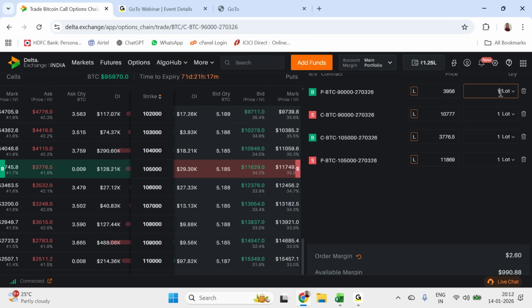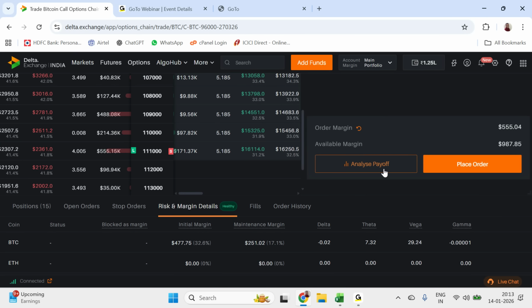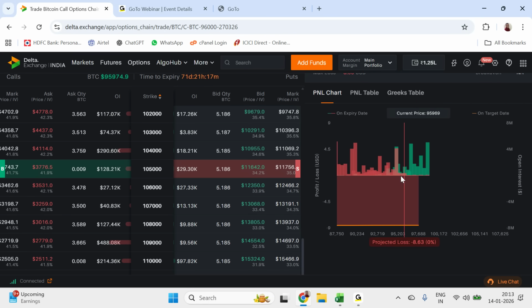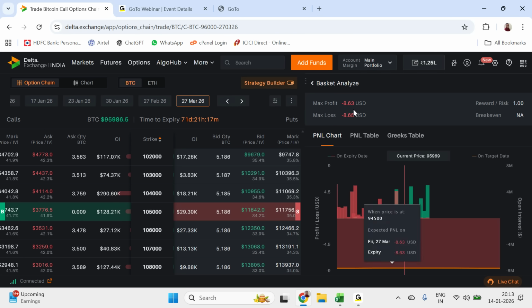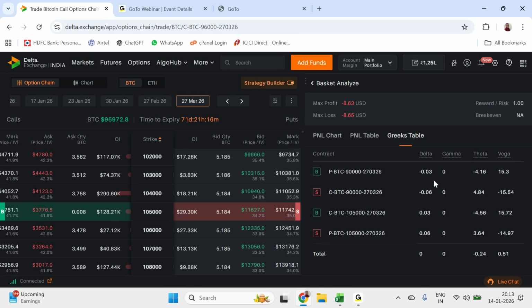If I go with 100 lots, because with one lot you cannot see the actual delta and theta. If you go with this and look at this part, what is it showing? $8 loss, $8 profit. So it has no profit, no loss now, because this is only a box protector. Greeks almost zero.